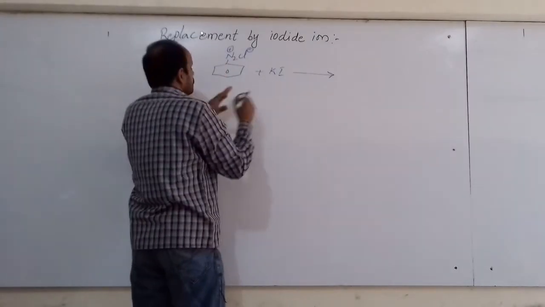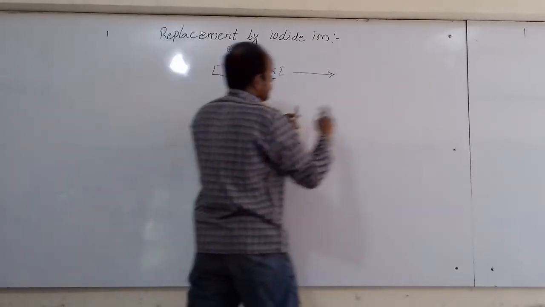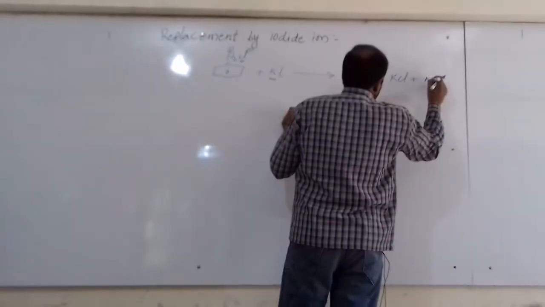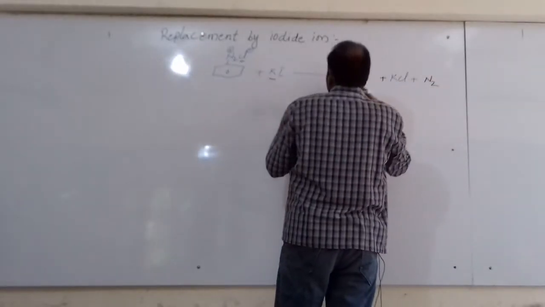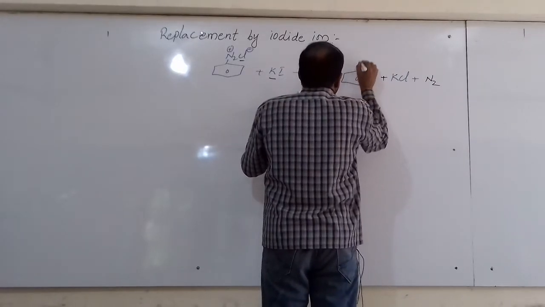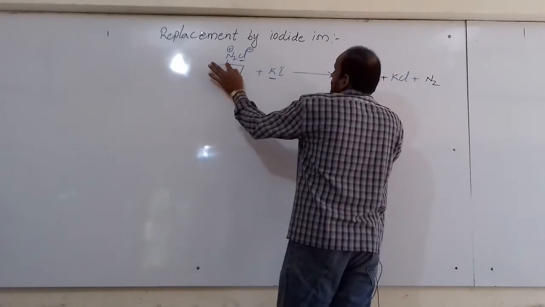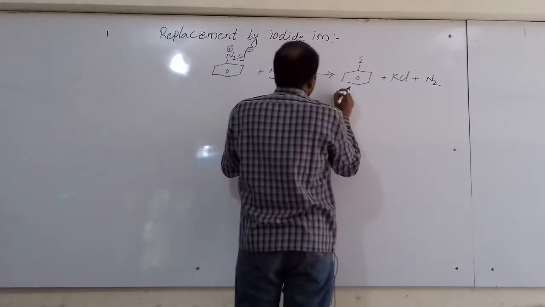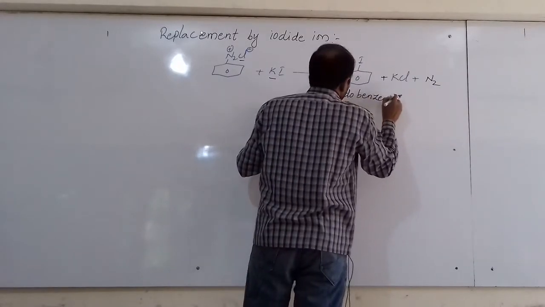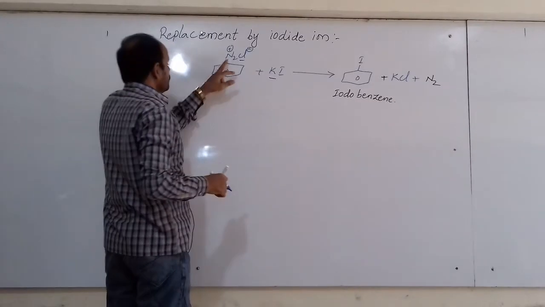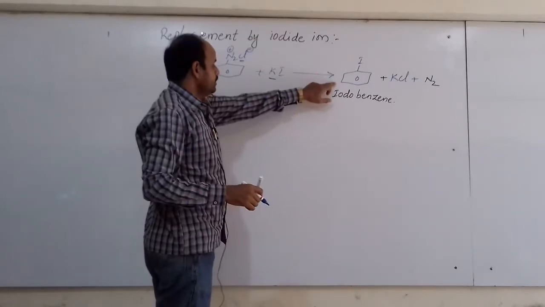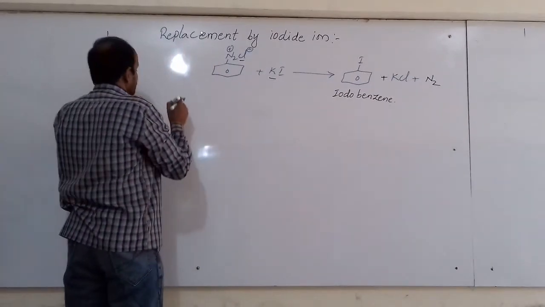Then Cl is removed as KCl, and the diazo group is removed as N2 gas, and we get iodobenzene by the attack of iodide on the benzene ring. Thus the N2Cl is replaced by iodide ion, and we get iodobenzene. Thus we can prepare iodobenzene from benzene diazonium chloride.